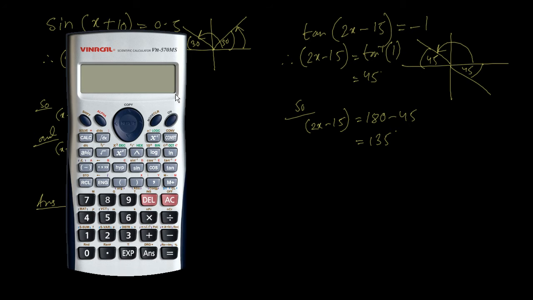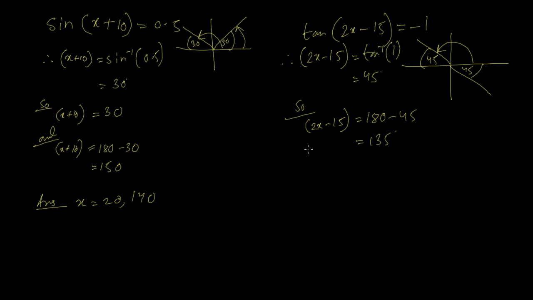Let me check. 180 minus 45 is 135 degree. And 2x minus 15 equals, this is 360 minus 45, which is 315.